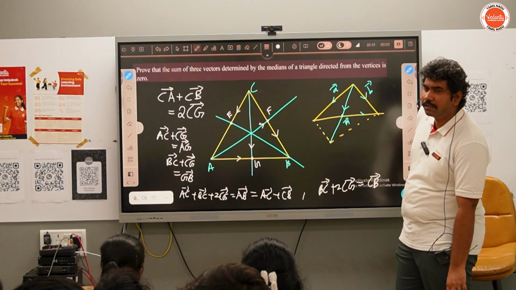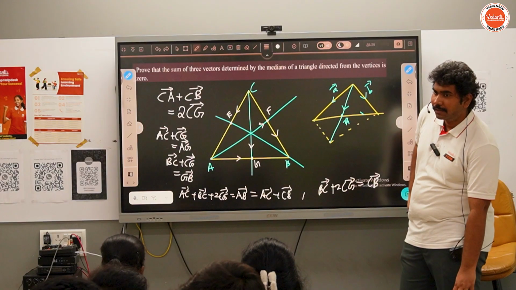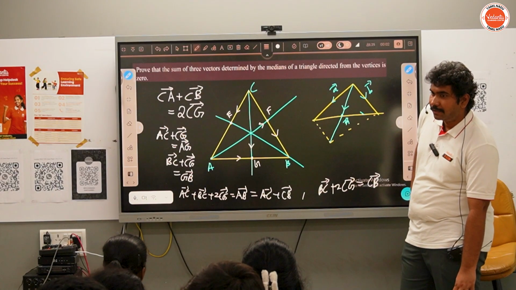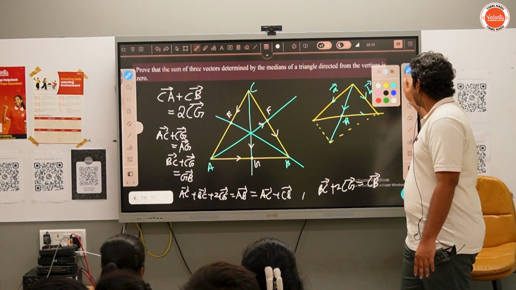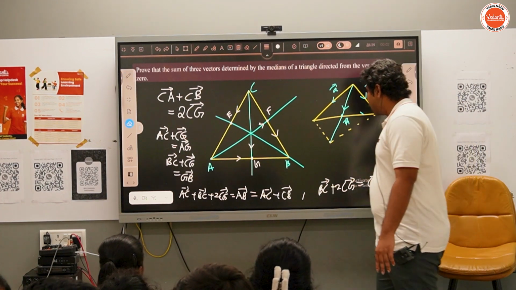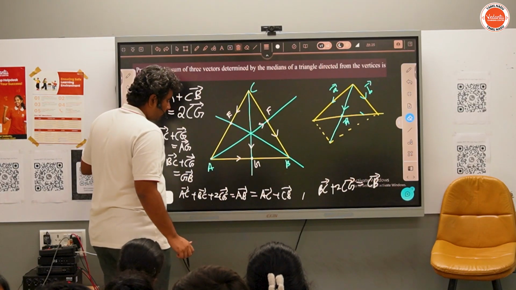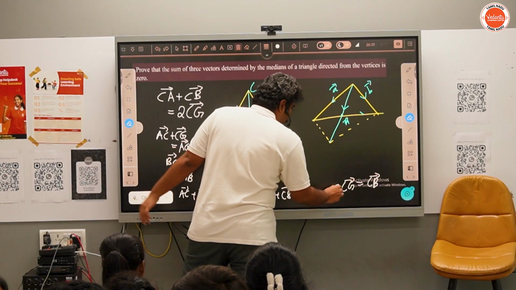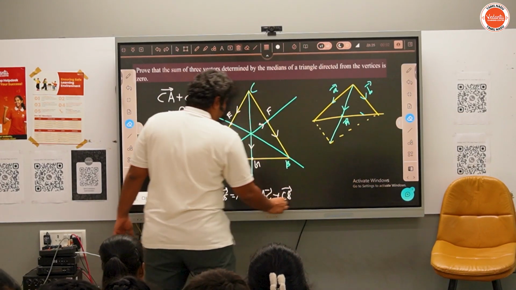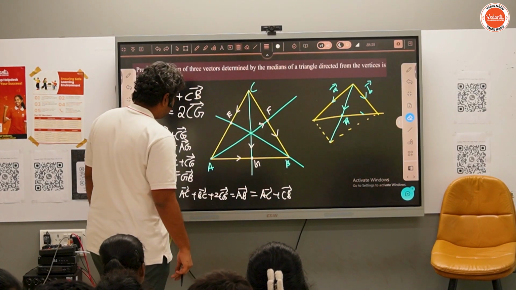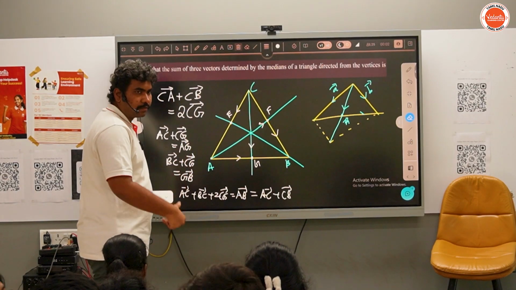How opposite of the third median? Did you get any result out of this? No.